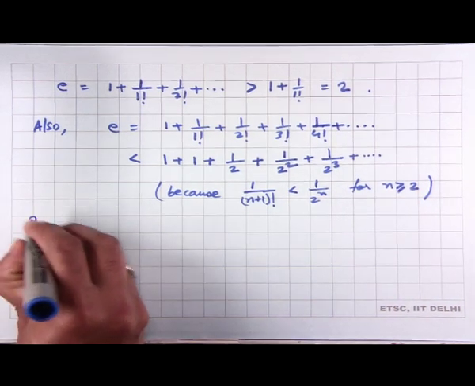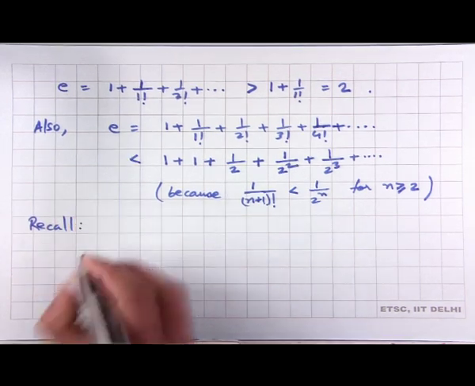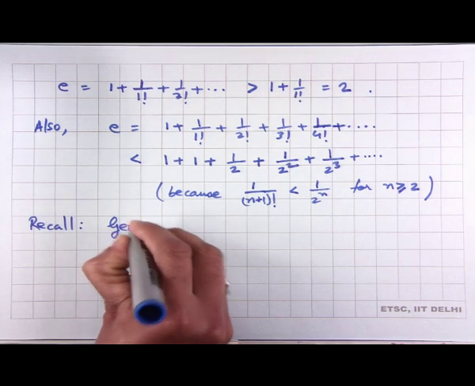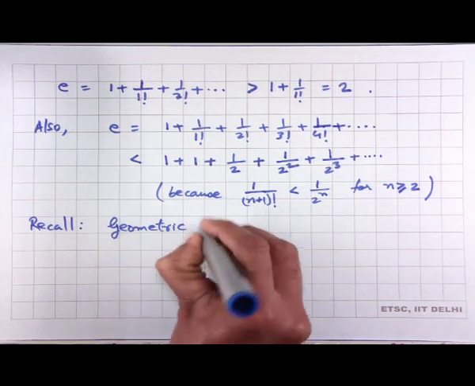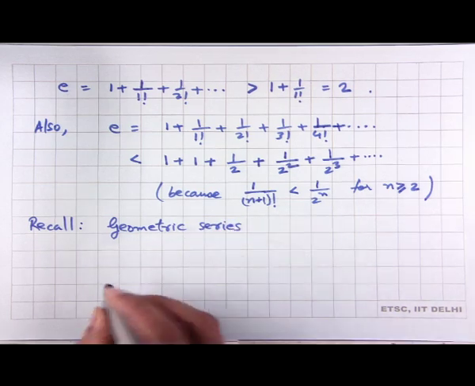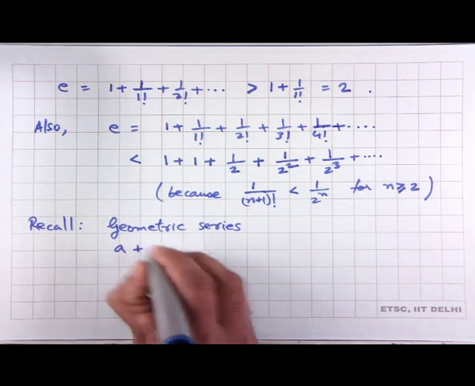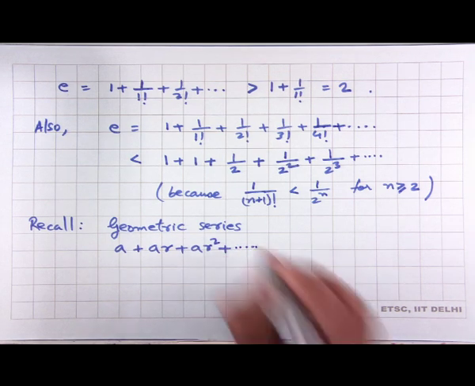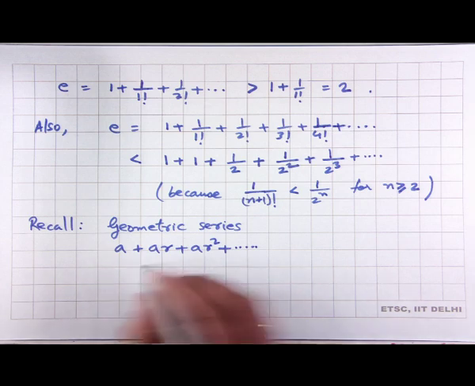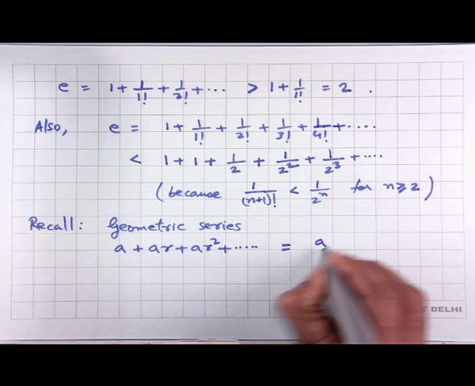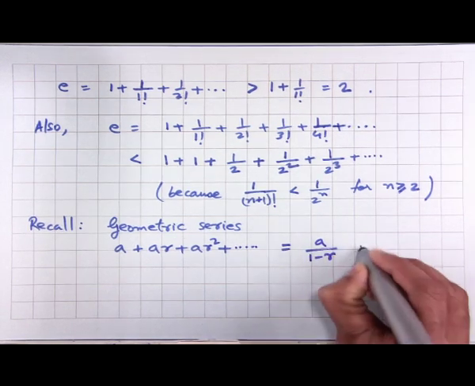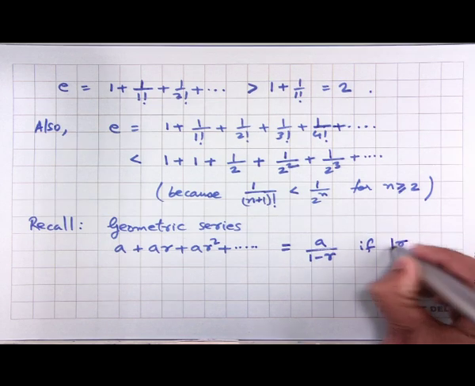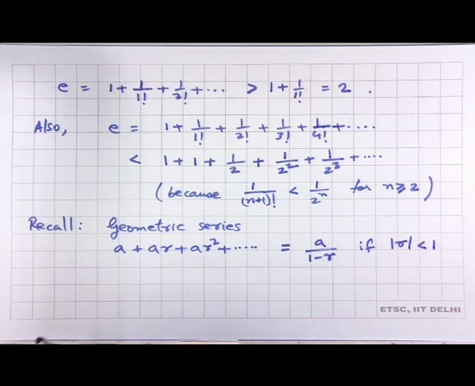So, let me write this, recall that geometric series A plus AR plus AR square and so on up to infinity, this is equal to A over 1 minus R if the geometric ratio R is less than 1 in absolute value.